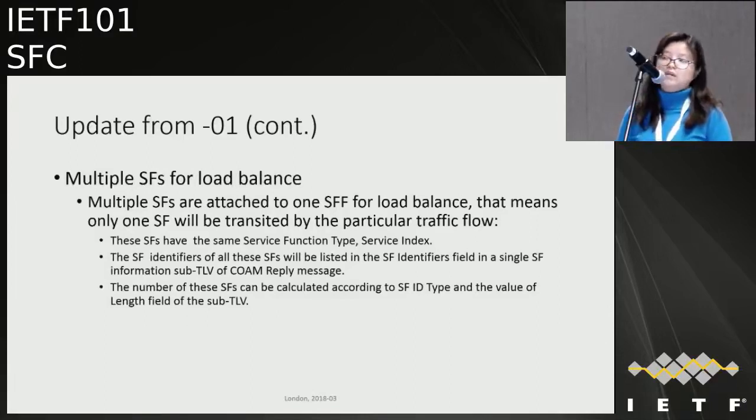So these multiple service functions have the same service function type and the same service index. And the service identifiers of all these service functions will be listed in the service function identifier field in a single service function information sub-TLV. The number of these service functions can be calculated according to the service function identifier type and the value of the length field in the sub-TLV.